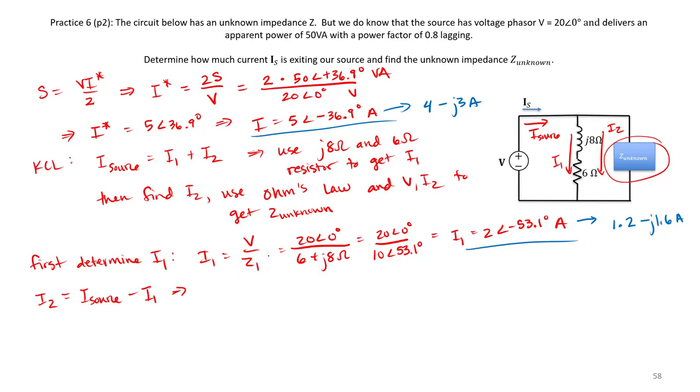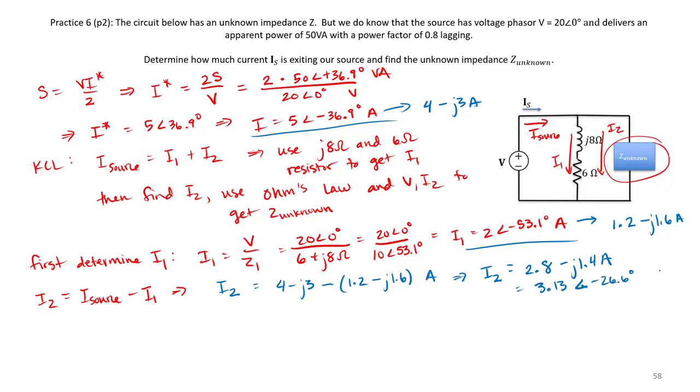So if we subtract, we determine that I2 is equal to 4 minus j3 minus (1.2 minus j1.6) amperes. This gives I2 is equal to 2.8 minus j1.4 amperes, or 3.13 angle negative 26.6 degrees amperes.